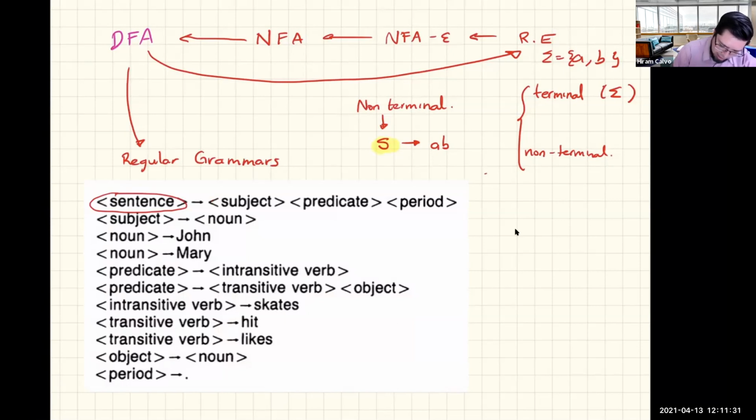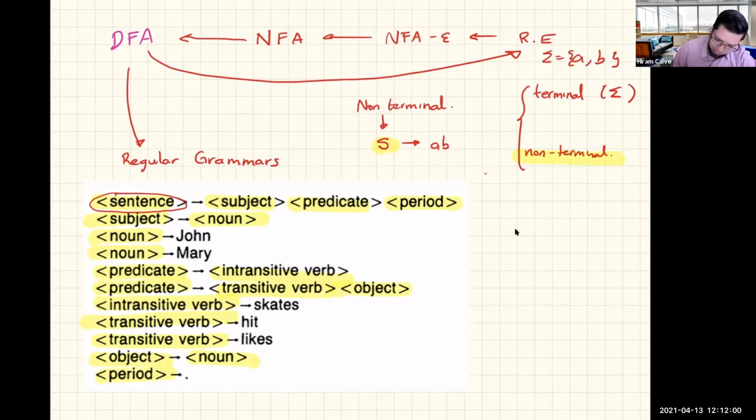So all these that I am highlighting are non-terminals. Non-terminal, non-terminal, non-terminal. And you can see in this case that John and Mary are terminals. So everything that is inside triangular brackets will be a non-terminal for this example.